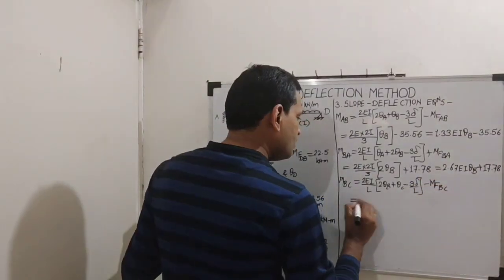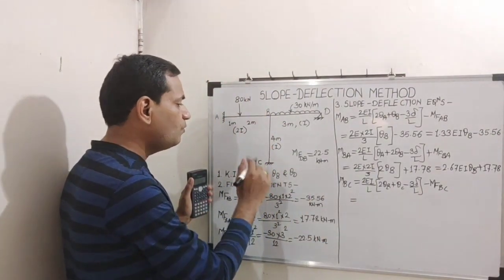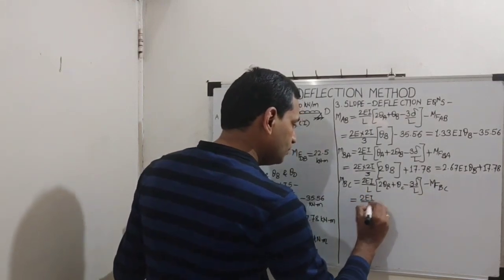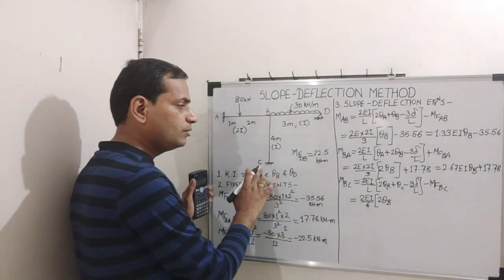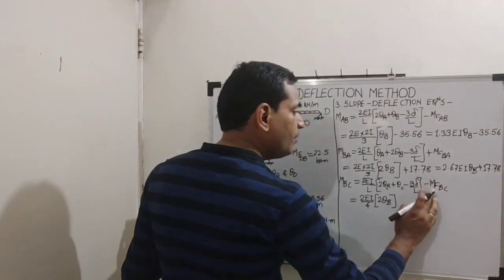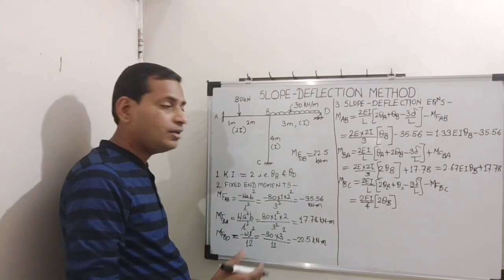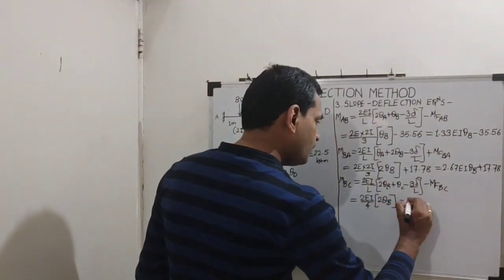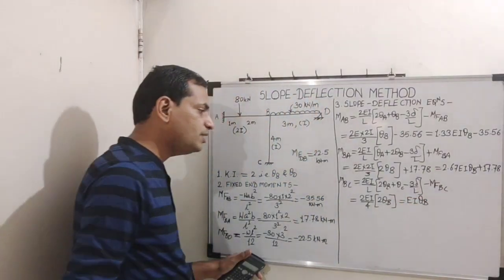Okay, so I value for span BC or column BC is 1I, so 2EI by 4 into bracket 2 theta B, theta C is 0 because joint C is fixed. MFBC is 0 because there is no loading on BC column. So this is 2 into 2 is 4, 4 by 4 is 1, so EI theta B, that's it. MBC is EI theta B.